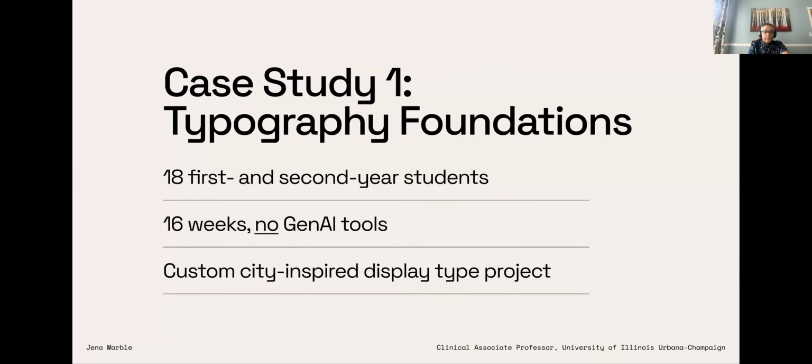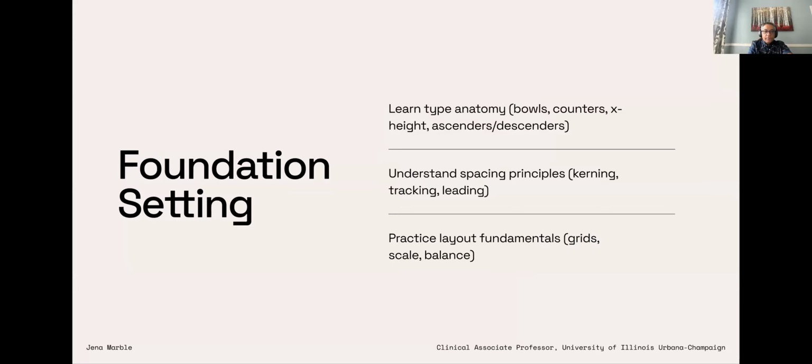Okay, so for this first case study, it was 18 first and second year students. It was 16 weeks. There were no generative AI tools used, and this was a type class. Their project was to create a custom city-inspired display type. I won't go into the specifics of type anatomy, but we certainly do in that class.